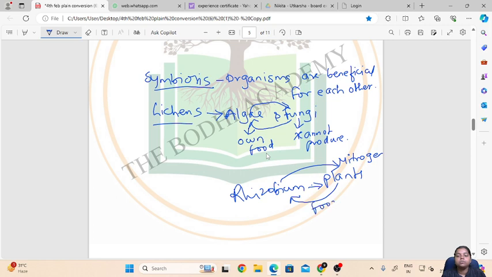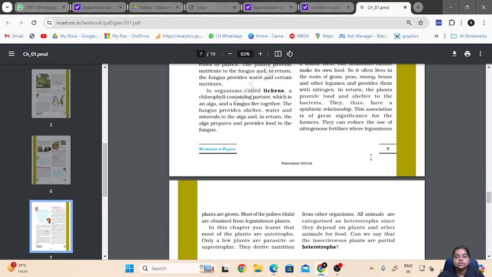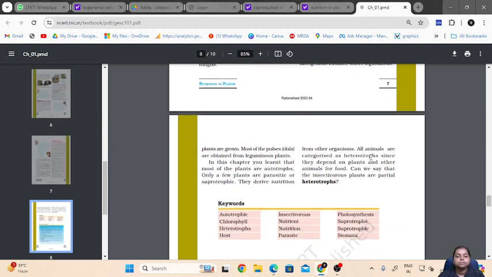So both live in symbiotic association with each other, the rhizobium and the plants, correct?